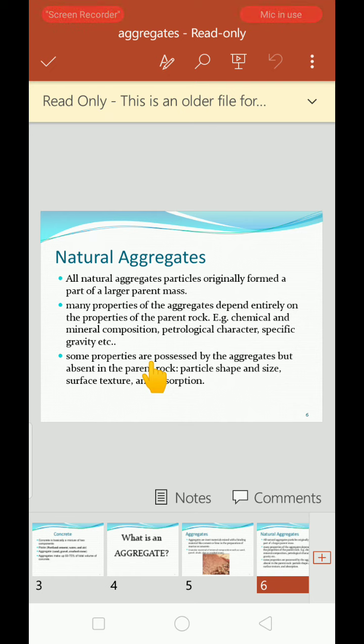Those large stones or rocks are the parent mass, so whatever mineral composition or physical properties those rocks have, the same will exist in the aggregate extracted from them. Some properties are possessed by the aggregates but absent in the parent rocks, like shape and size. Once we extract the aggregates from the parent rock, they may differ in size, shape, texture, or water absorption.